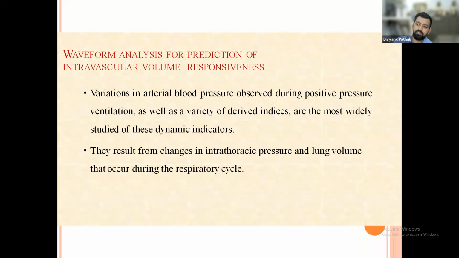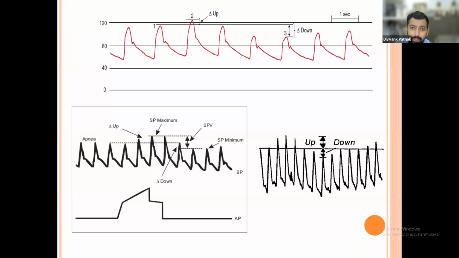Okay, so positive pressure ventilation is the reverse of spontaneous breathing. In spontaneous breathing, the systolic pressure goes down. But in positive pressure ventilation, the systolic pressure or the blood pressure will go up. Okay. Now that physiology I am not going to detail.